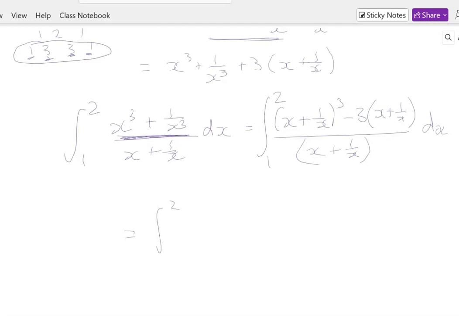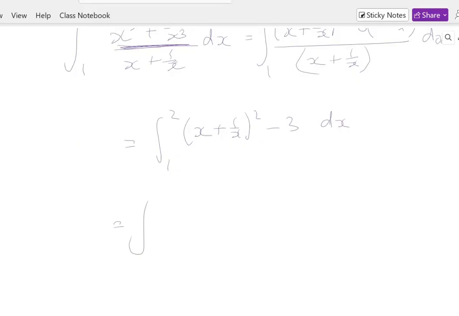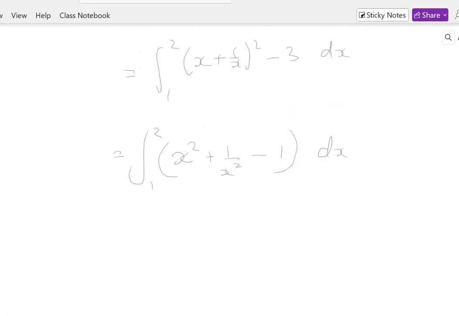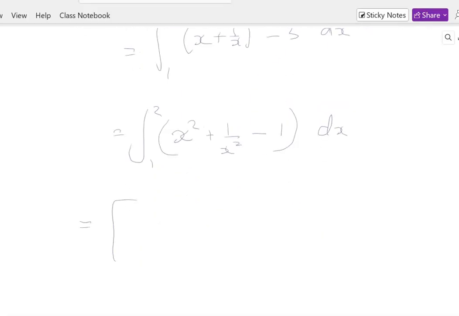Okay, so we've got the integral of x plus 1 over x squared minus 3 dx. When we expand that, we get x squared plus 1 over x squared plus 2 minus 3, so that's a minus 1 dx. Oh, I might get it finished in time.